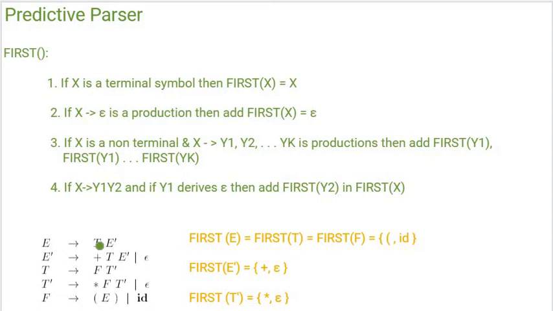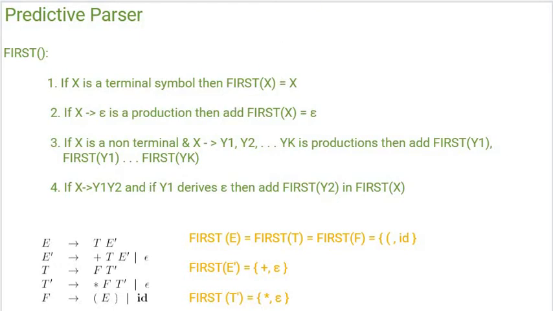Then you should not place epsilon in the result. Instead of epsilon, you should include first of the next symbol. What is the next symbol? E dash, right? So first of E dash should be included instead of epsilon. That is what the fourth rule says.